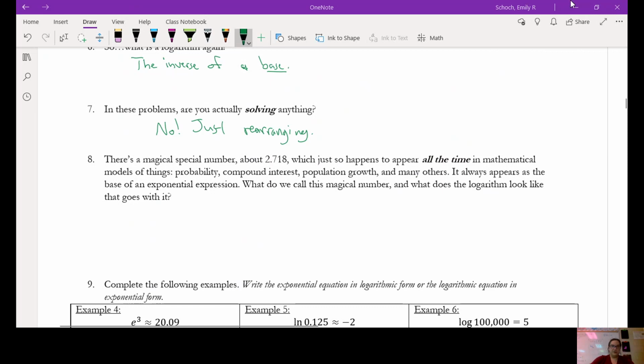So this magical number we call e, lowercase e, and it is approximately 2.718, okay? Just 2.71 is fine, or 2.72 or 2.7 even is just fine. There's an e button on your calculator, okay?